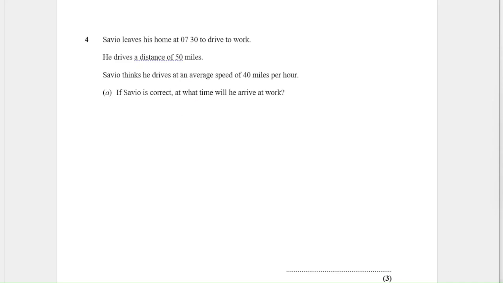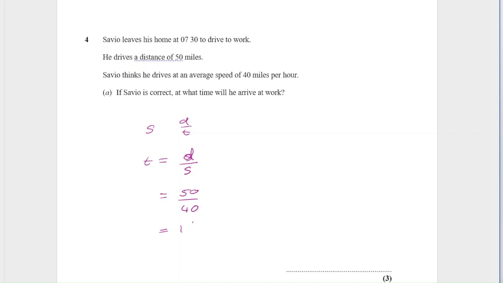Okay, so we are looking at travelling, speed is equal to distance divided by time. What time? So time is going to be equal to distance divided by speed. So in this case, we've got a distance of 50 and a speed of 40.